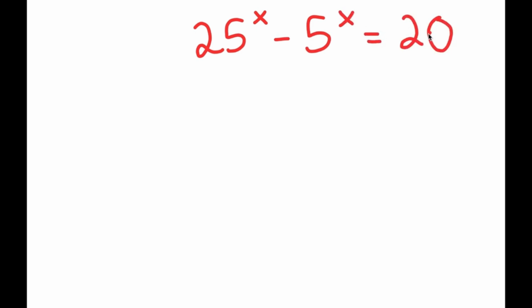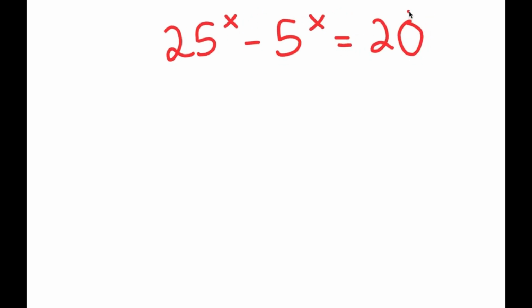Alright, so in this video, I'm going to be solving the equation 25 to the power of x minus 5 to the power of x is equal to 20. To solve this equation, I'm going to first start by subtracting 20 on both sides.